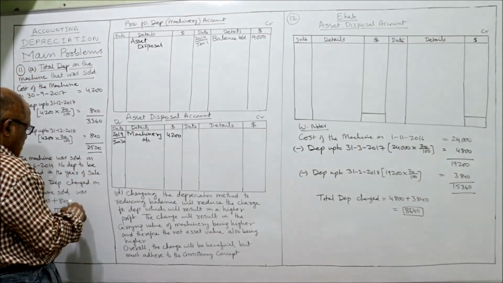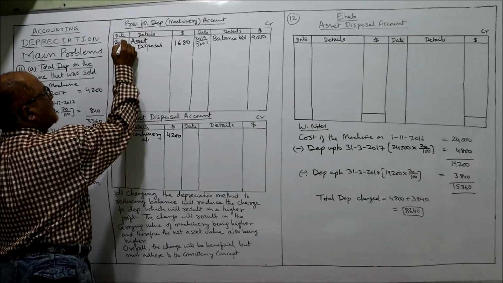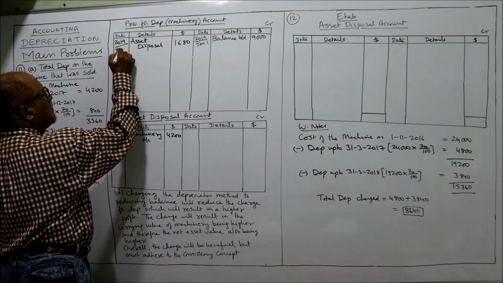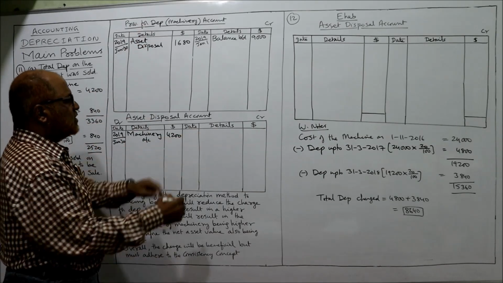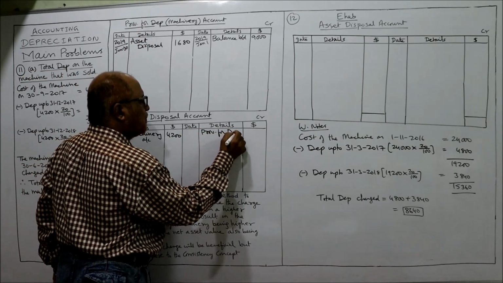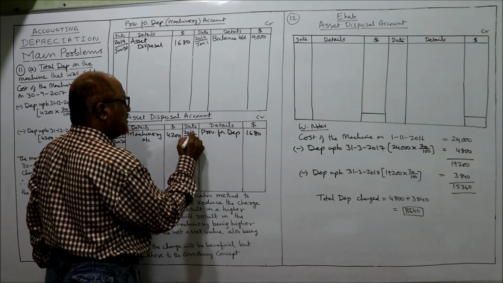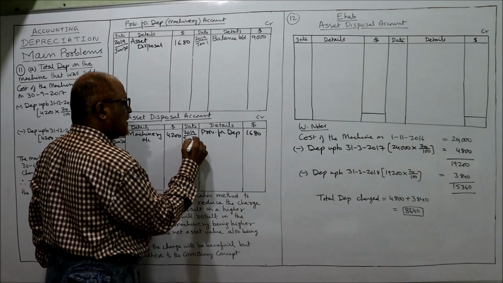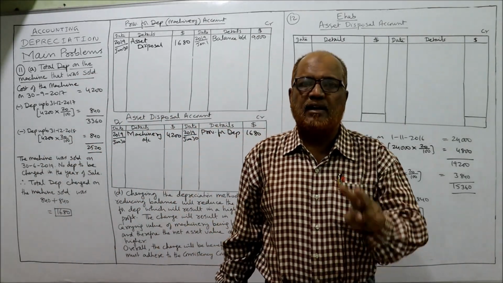How much is the total depreciation? 1,680. Date is 2019 June 30th. The provision is debited, asset disposal is credited. 1,680, 2019 June 30. Second entry we have posted.